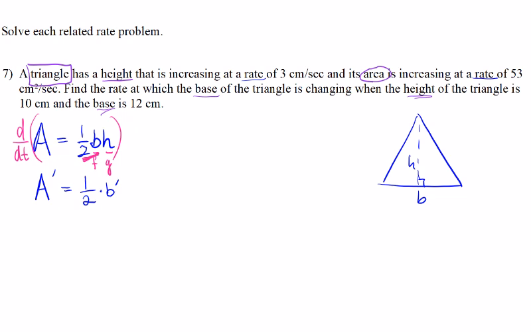That's like the f prime there, and then I'm going to tag on the g, which is h, plus now I'm going to take the derivative of the g part, which is the derivative of h, just 1 times h prime, so it's just h prime, and then I'm going to multiply 1/2 b, the original f there. So again, what we have here is f prime times g plus g prime times f.